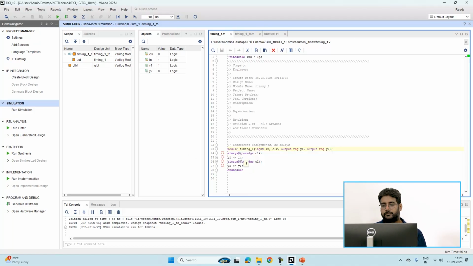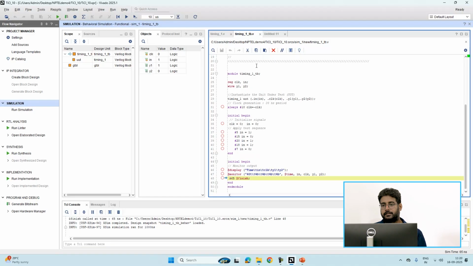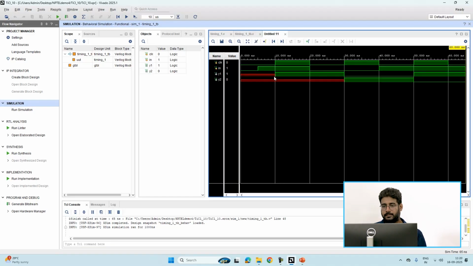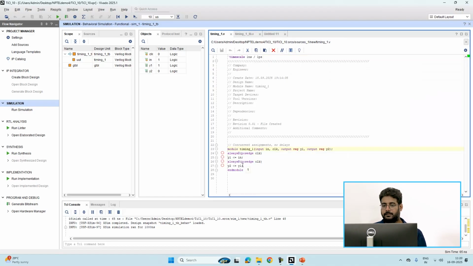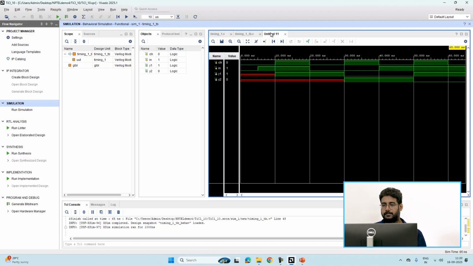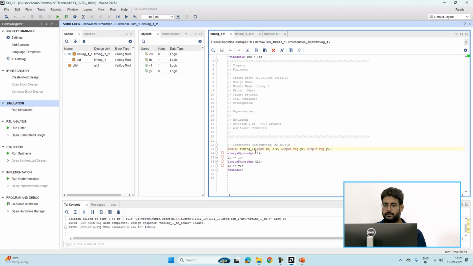Here, input is evaluated, and at the end of that, it is assigned at the positive edge of clock. Then here, always at the positive edge of clock, this y1 has to be assigned, but it is not, meaning y1 has not yet been assigned the value of input.